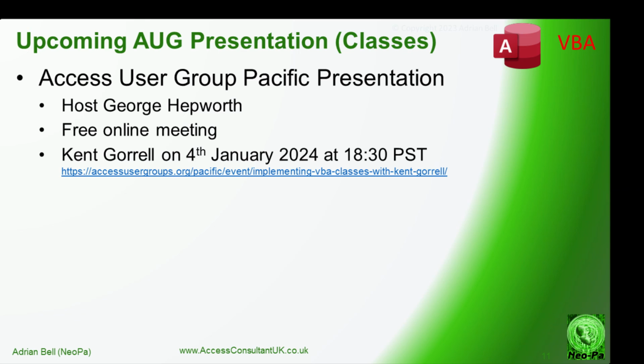T. Jacoby uses classes for working with tables. Again, similar, so he can have different properties and events to do updates, inserts, deletions, that kind of thing. Crystal, I'm not quite sure what your comment is about. You're suggesting using them to help do more interesting things with combo boxes.